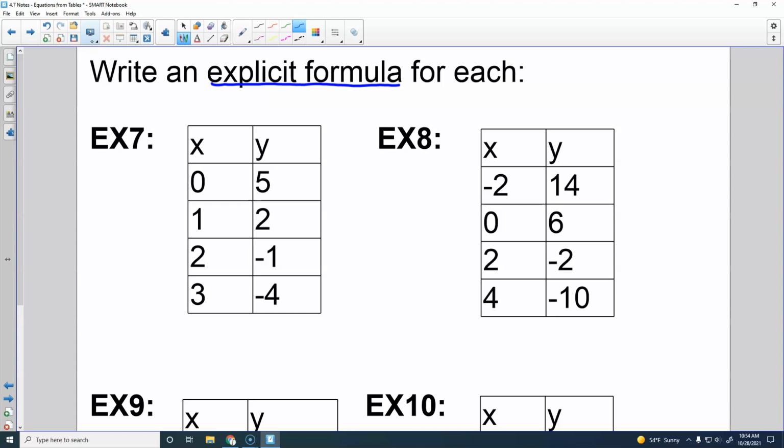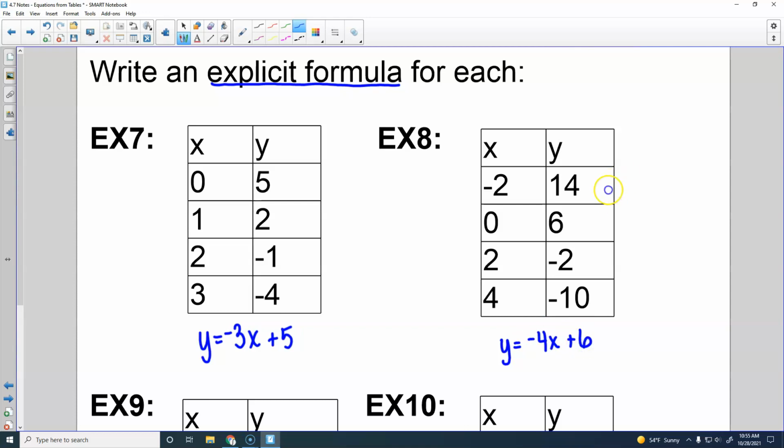We got a worksheet. Okay. All right. So we got a couple worksheets we're going to do. For this first one, you should get y equals negative 3x plus 5. I was seeing lots of you with that as I walked around. For example 8, you should get y equals negative 4x plus 6.